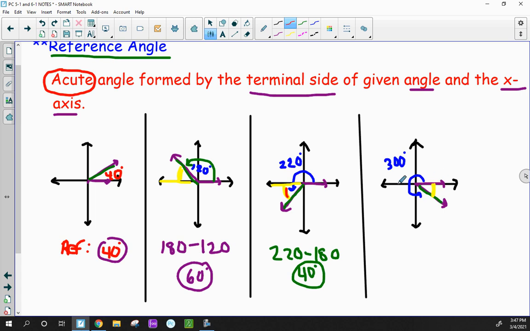If from here to here is 300, then a really good way to find this is to subtract your given angle from the complete circle, 360 minus your given angle. So it should just be the leftover part. So that's going to be 60 degrees. Again, notice all 4 answers on the board right now are definitely acute.